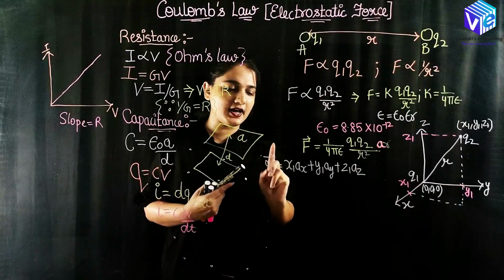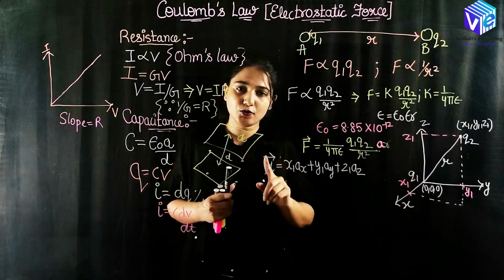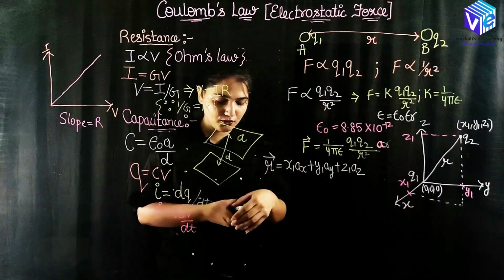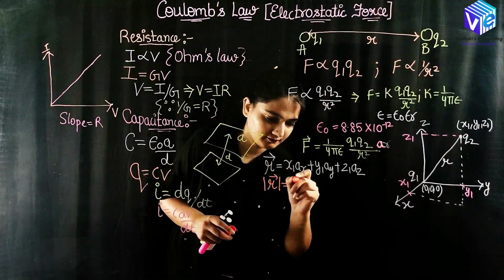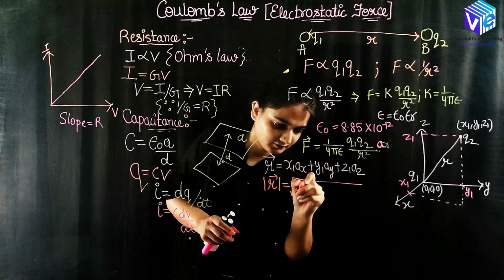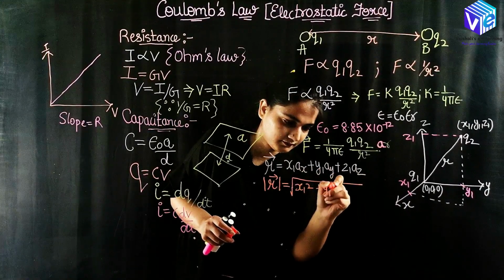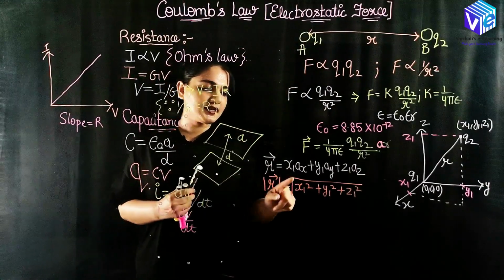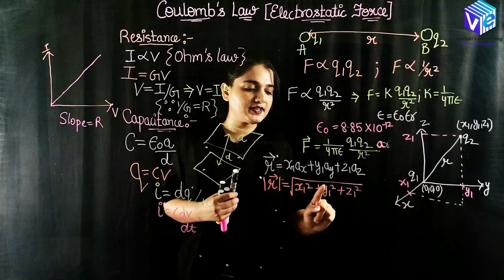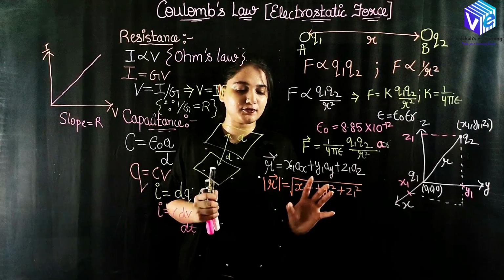So this is my r. Now if I need to find out the magnitude of r, the magnitude of r is under root x1 square plus y1 square plus z1 square.